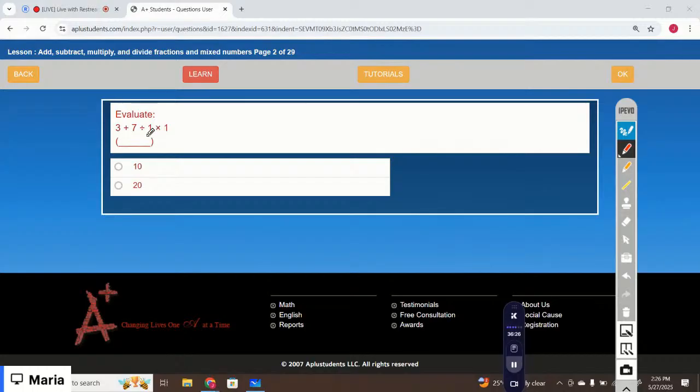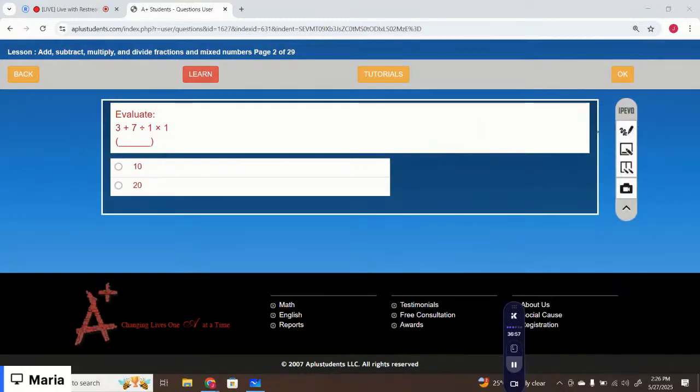You need to multiply first. Then division has higher priority, 7 divided by 1 is 7. And you need to add at the end, that is 3 plus 7, that makes 10. Option number 1 is the correct option, that is 10.